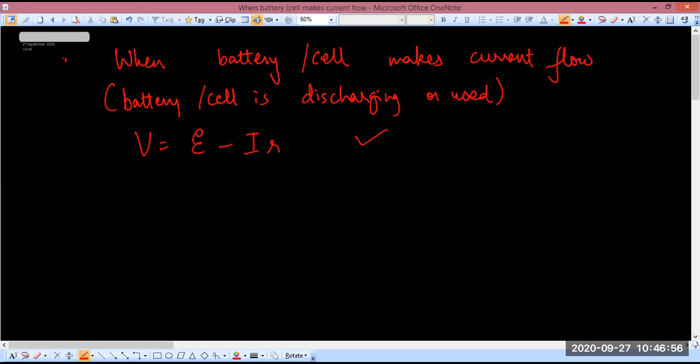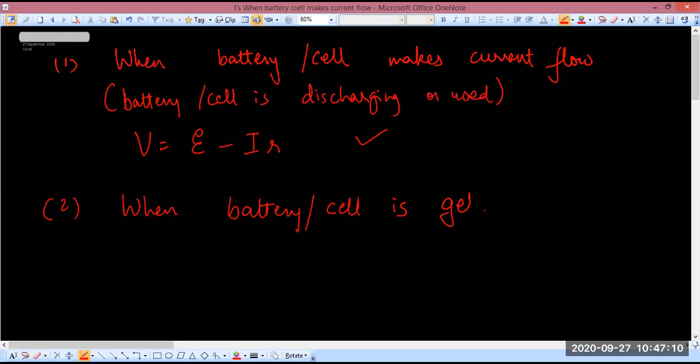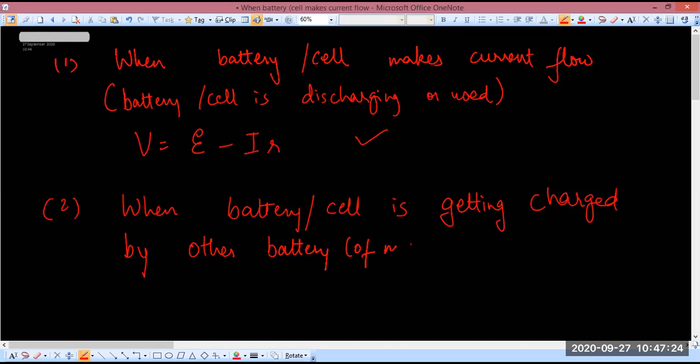Okay, હવે એનો opposite case. When battery or cell is getting charged by other battery, of course of more EMF, okay, or of more voltage, ખાલી એટલું લખો તો ચાલે, right?